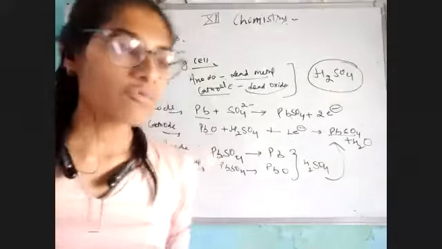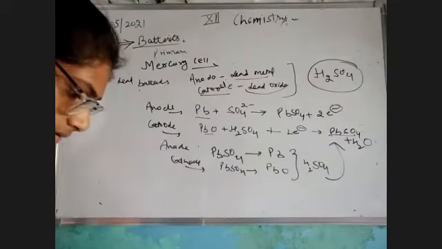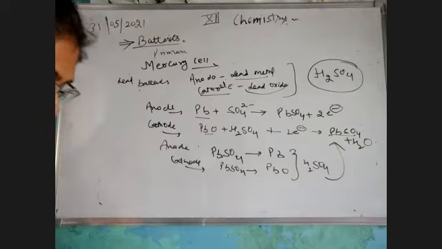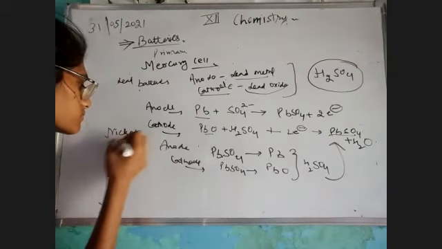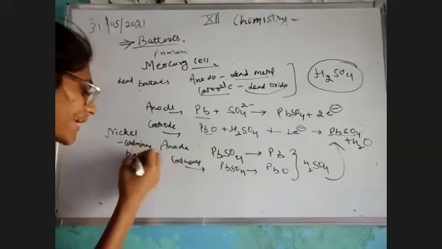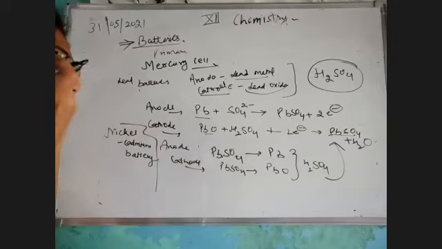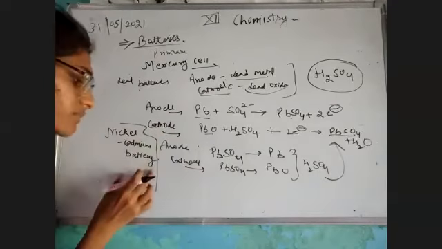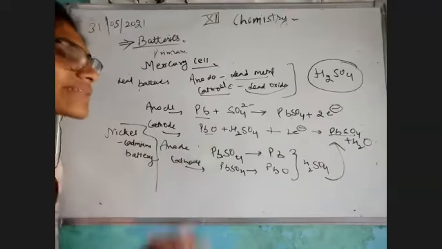Just I want to say that there is the nickel cadmium battery, which is a little more expensive than the lead battery, and moreover this battery is very efficient because its lifetime is better than the lead battery.